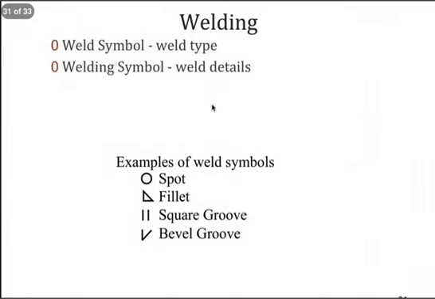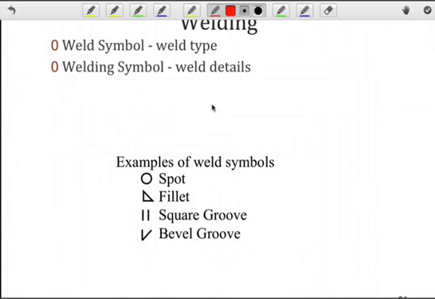The final symbol that I'll bring your attention to is welding symbols. The weld symbol will tell you the weld type. The welding symbol, which is no slight difference in the term, is going to give you all the details on the weld. So I have to know the type of weld that needs to be performed and the details of that weld.